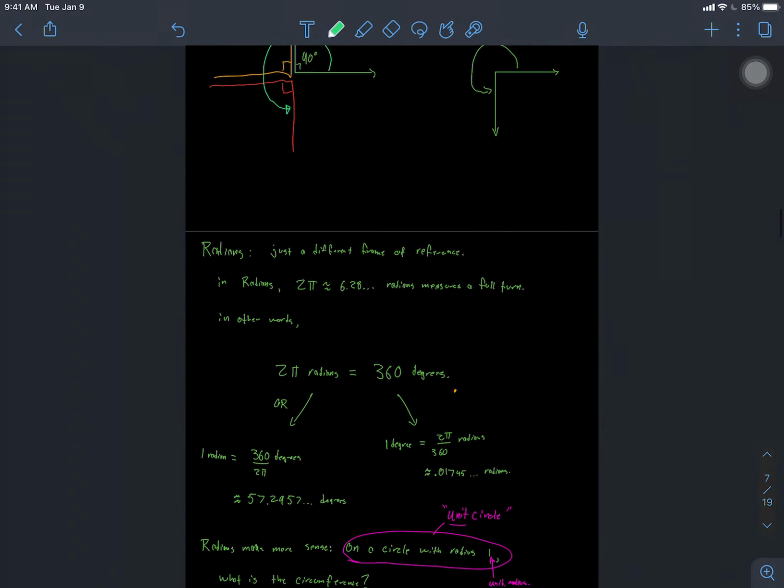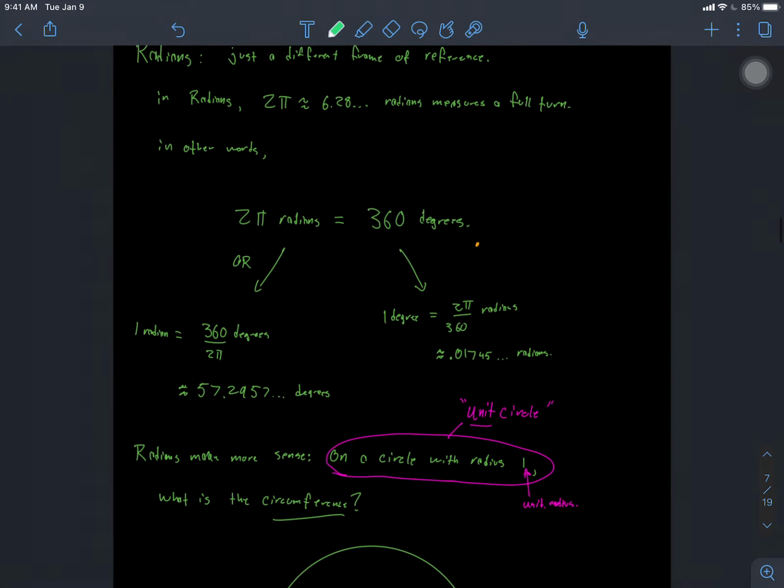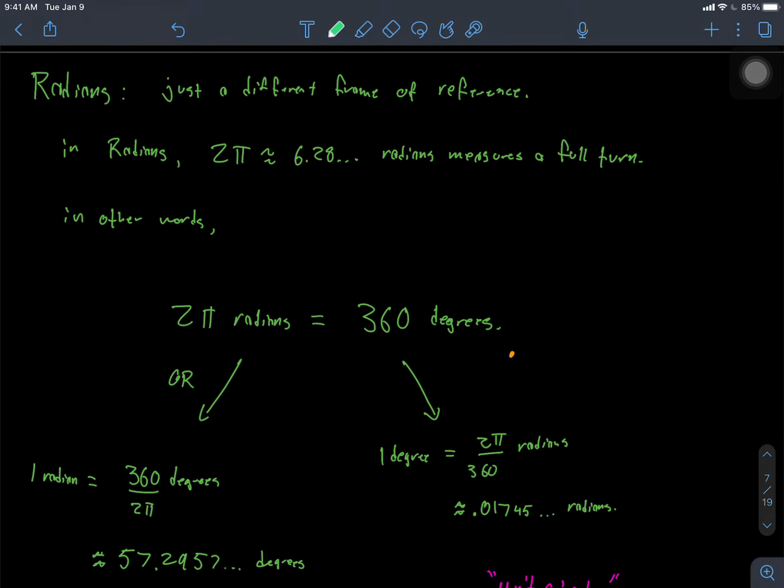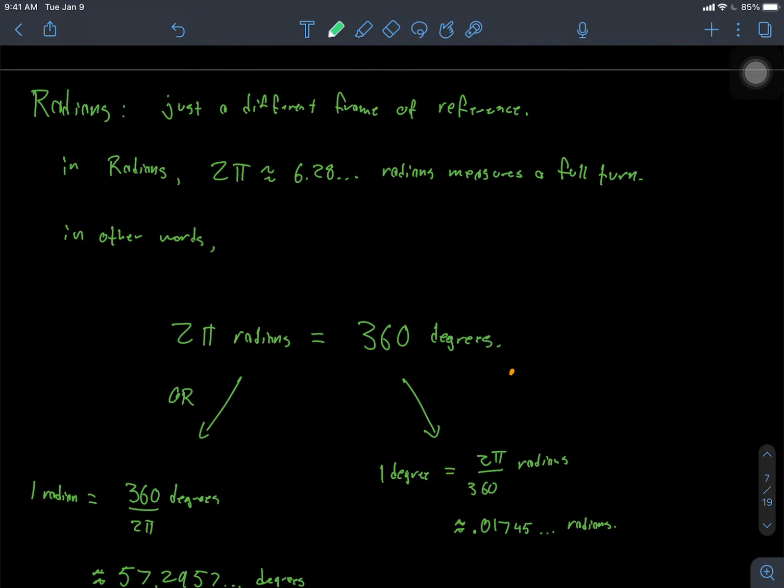Okay, so now we're going to talk about radians. I don't want anybody to be confused by radians, because essentially a radian is just a different unit of measurement for an angle.